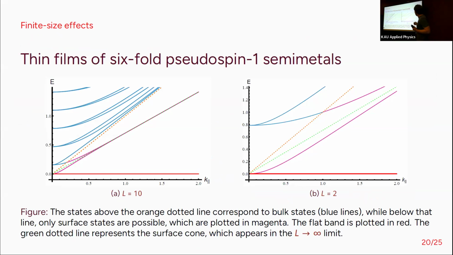What can be of interest is the energy gap for bulk states, which is obviously π over 2 divided by L, multiplied by Fermi velocity.